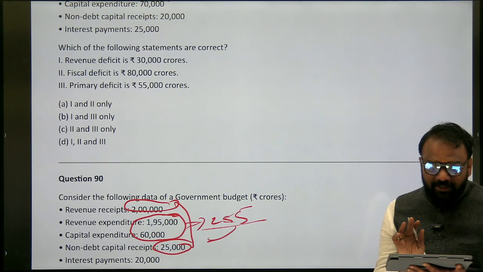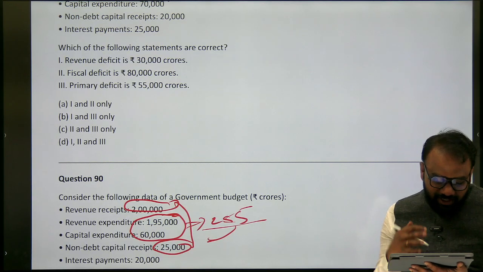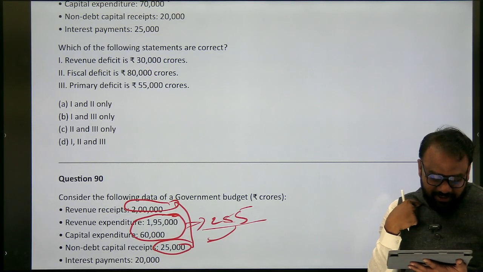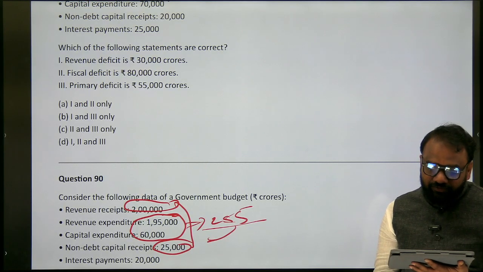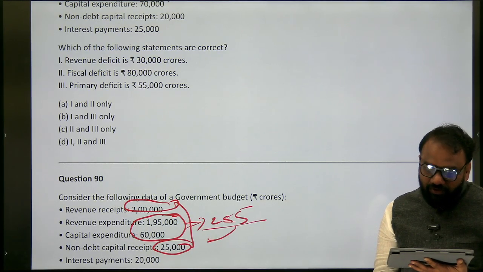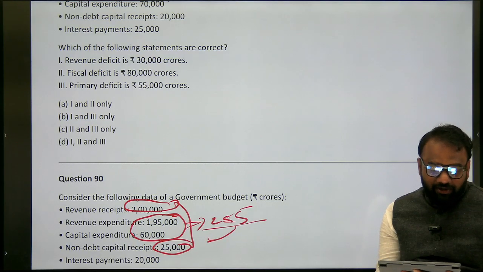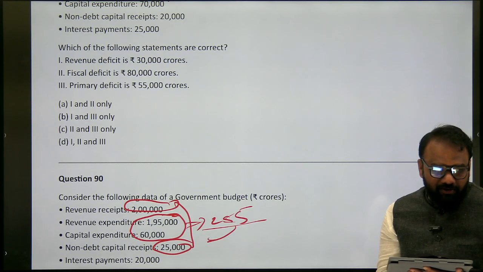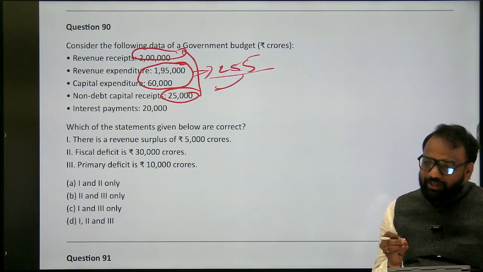When you subtract, it is 30,000. Next, the revenue deficit is very easy. What is the revenue deficit in this example? 5,000. So what is the primary deficit? Minus interest payment. Yes, 10,000. Same. So now it indicates that you understood the concept.